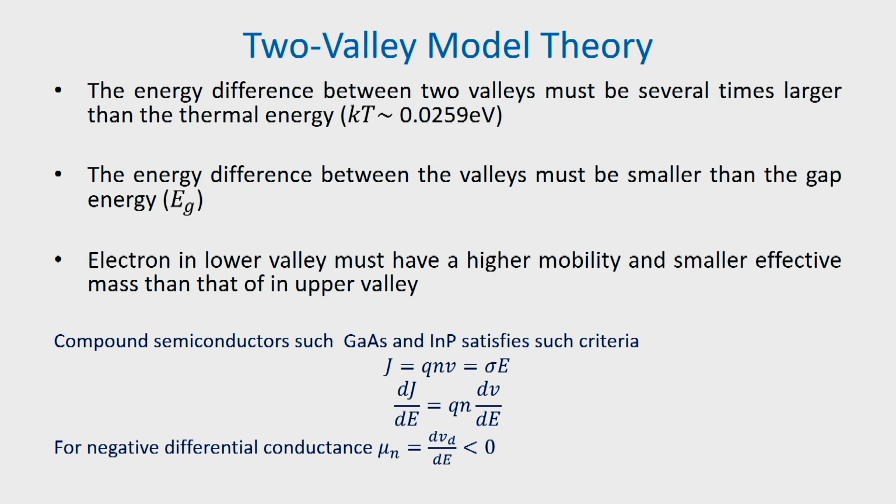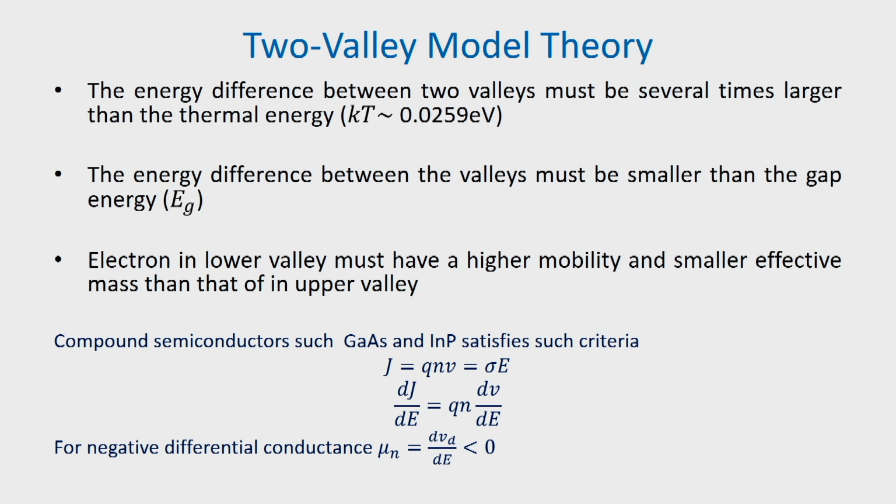Electron in lower valley must have a higher mobility and smaller effective mass than that in upper valley. Now, compound semiconductors such as gallium arsenide and indium phosphide satisfy such criteria.